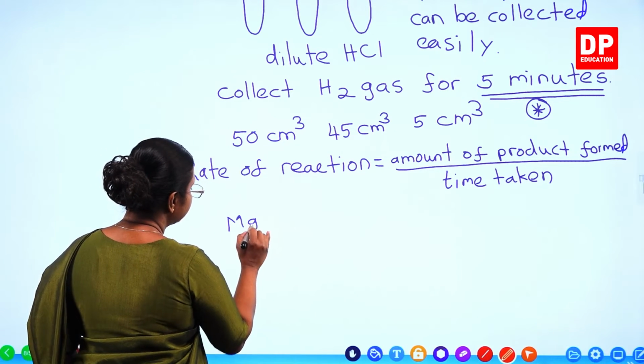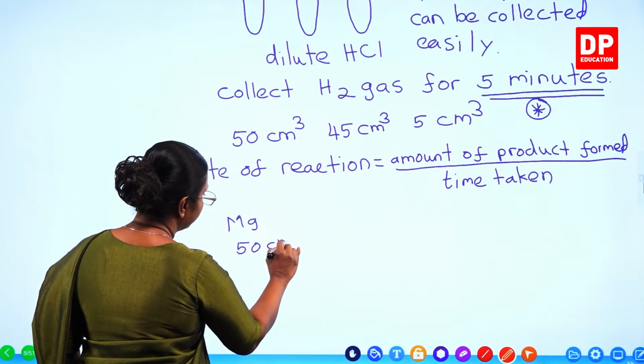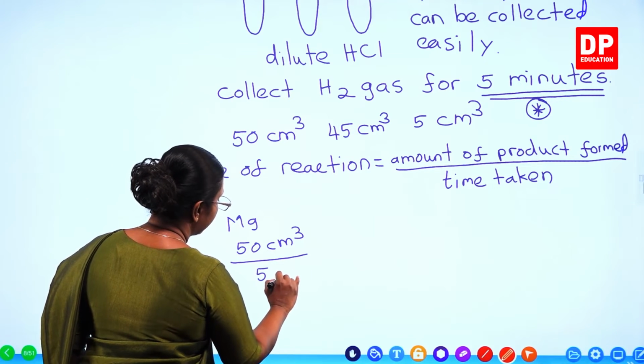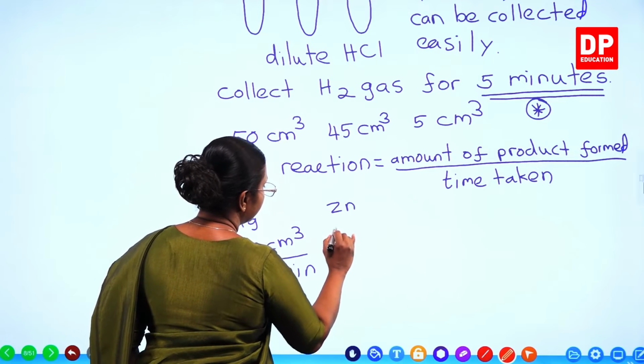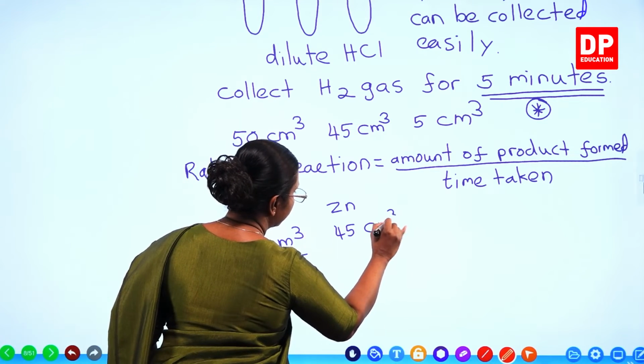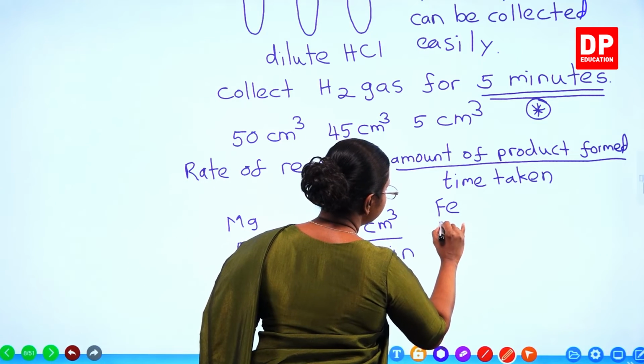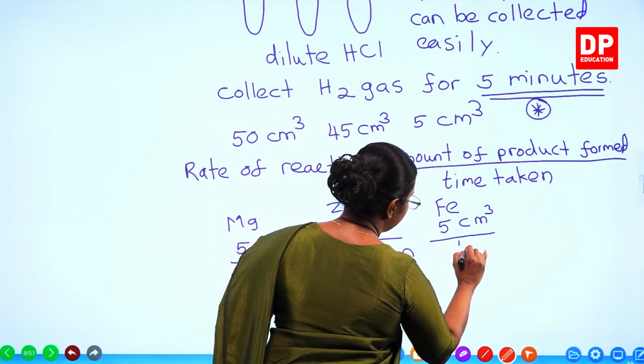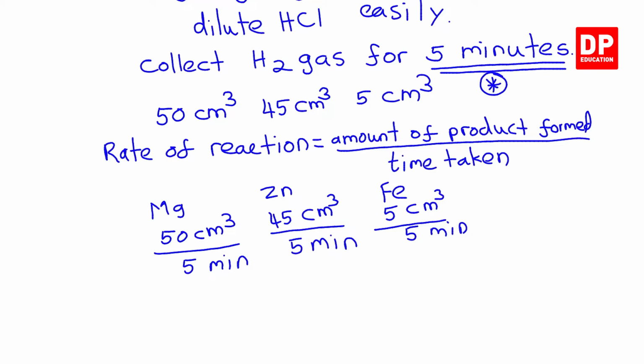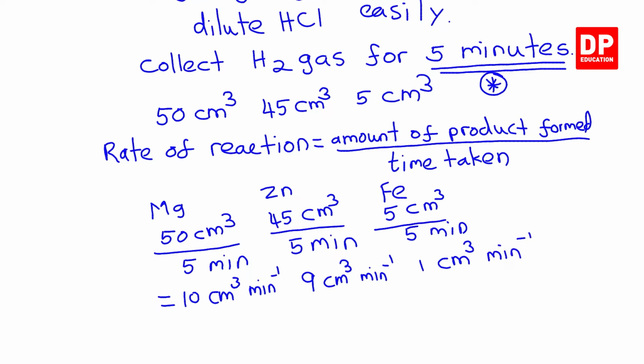So for magnesium, 50 centimeter cube divided by 5 minutes. For zinc, 45 centimeter cube divided by 5 minutes. And for iron, 5 centimeter cube divided by 5 minutes. So here you can see 10 centimeter cube per minute, 9 centimeter cube per minute, and this is only 1 centimeter cube per minute.